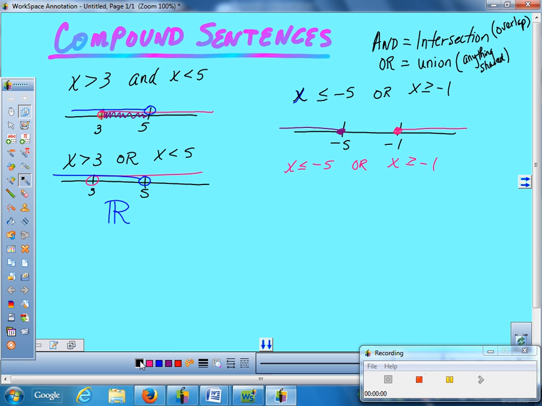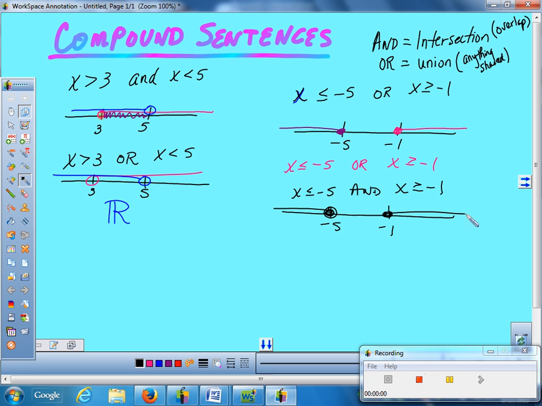Now, take that same exact problem and put an AND in it. So I had negative 5 going left, I had negative 1 going right, same problem, but it's an AND. What do AND problems have to do? AND problems have to overlap.